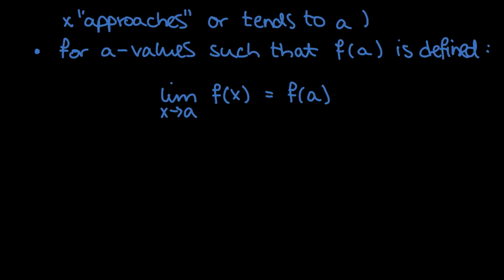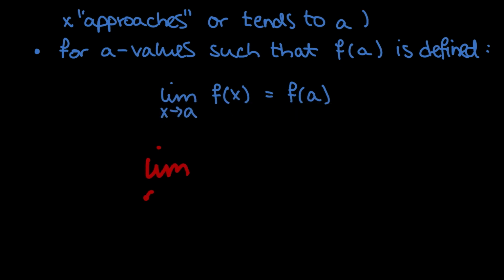And in that case, intuitively the limit as x tends to a of f of x is just equal to f of a, or the function evaluated at a. And keep in mind, this is only true in the cases where the function exists and is defined at x equals a.